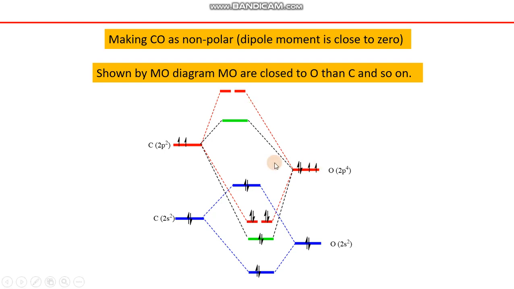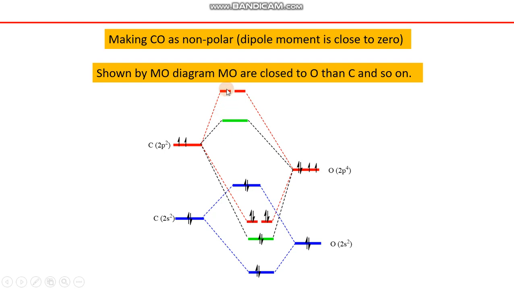In this molecular orbital diagram, we have already discussed the orbitals, and I am sure you are familiar with them. As you remember, the orbitals which are filled are called occupied orbitals, and orbitals which are empty are called unoccupied.